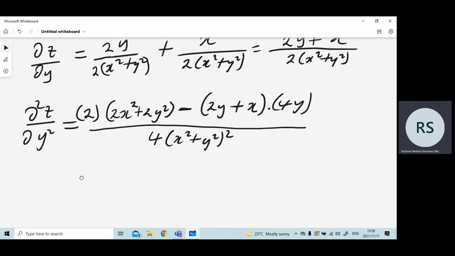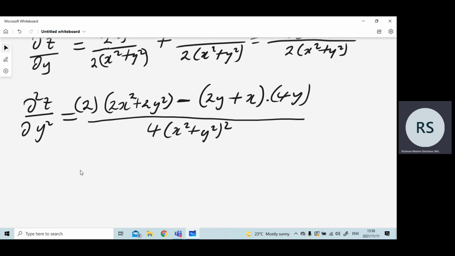So this gives me, when I simplify this, multiplying 2 inside, 4x squared plus 4y squared. When I multiply 2 inside in my first term, in my second term, let's multiply this negative and 4y.